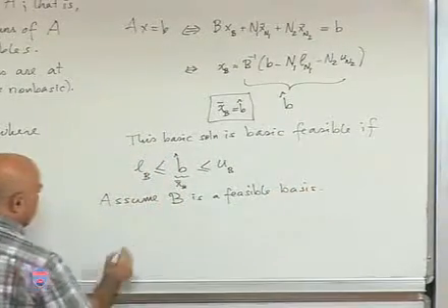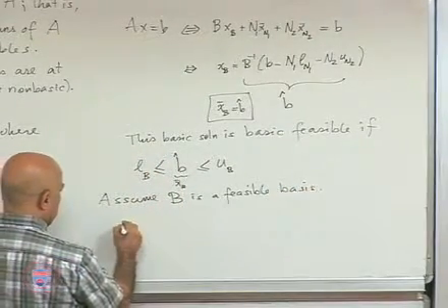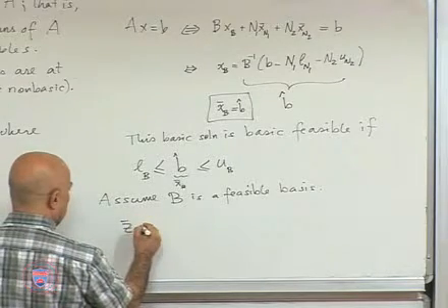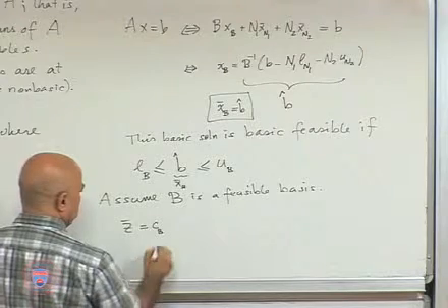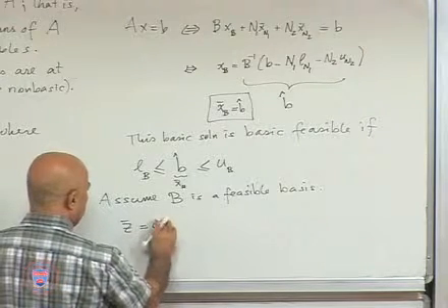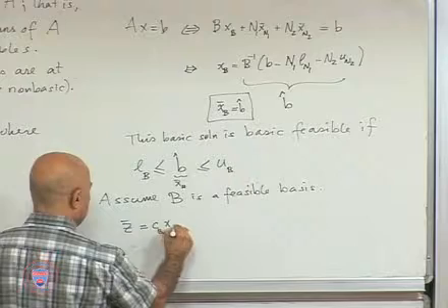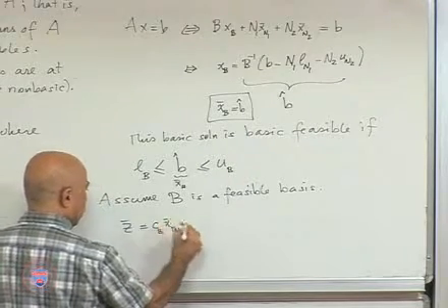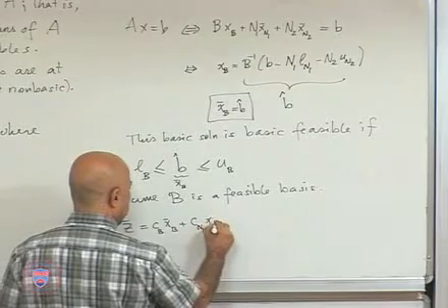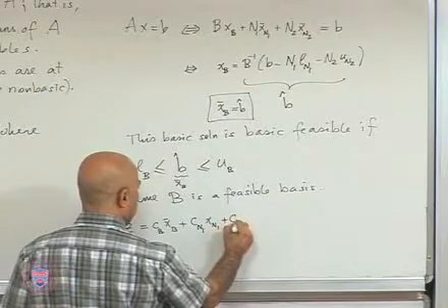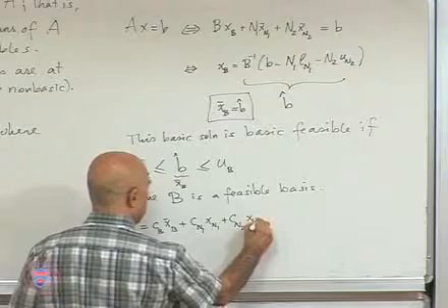What is the objective value corresponding to this, the Z bar value? Well, it's going to be CB, B inverse, well, no, CB XB. Let's just write down the proper form here. Cn1 xn1 plus Cn2 xn2.